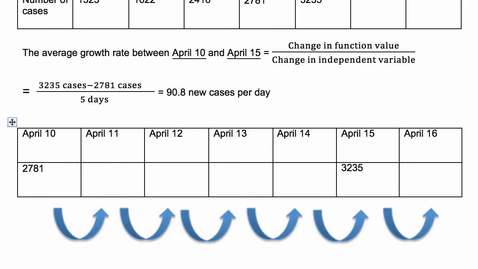Now, if I assume the growth rate is constant, I could start with my 2,781 cases on April 10th and add 90.8 cases each day until I get to 3,235 cases, which marks April 15th.